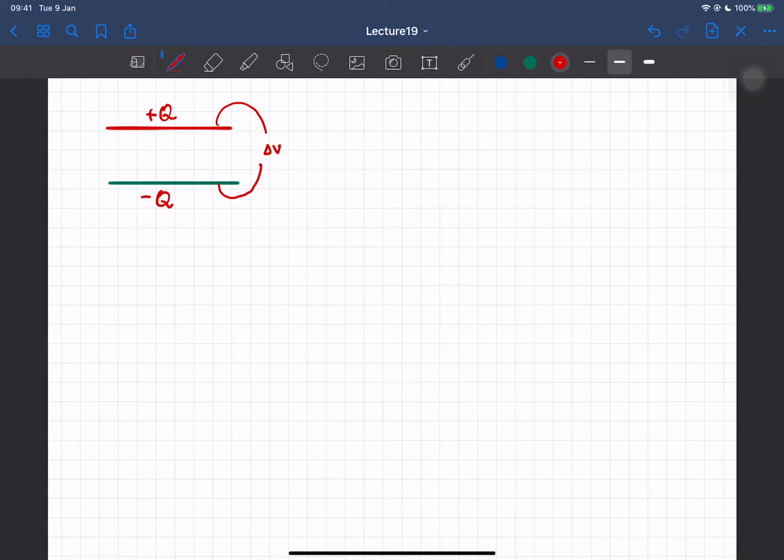And remember, when this happens, it means you're going to have an electric field pointing from top to bottom like this. Remember, we also know that E is equal to delta V divided by the distance d, which is the distance between the plates. So we know that there has to be some electric field between the two plates.